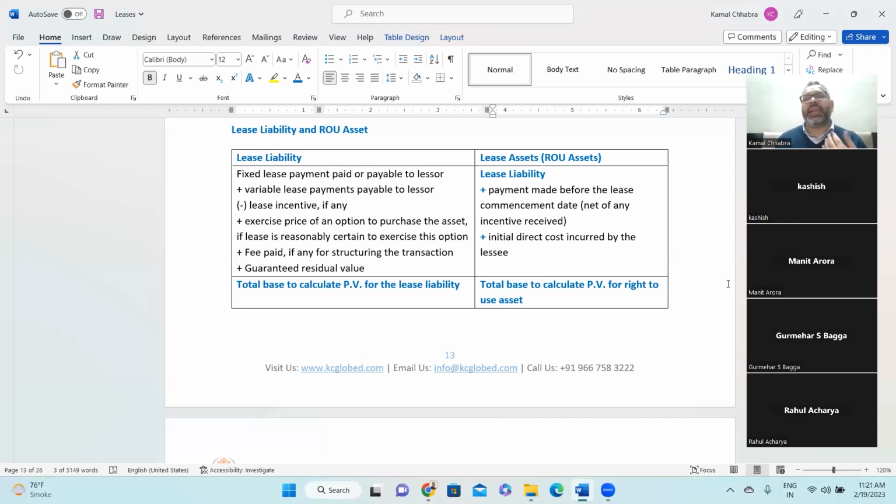If you have already made any payment, you'll add that, plus the initial direct cost incurred by the lessee, to reach the right to use asset. So this is your right to use asset and the lease liability value at which you need to recognize.